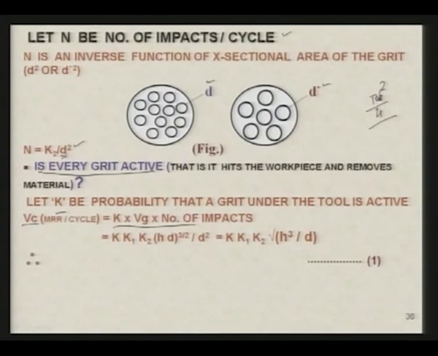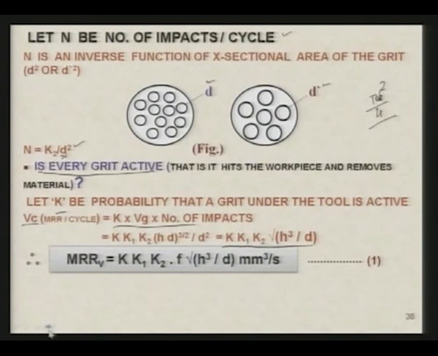So, k k1 k2 under root h cube by d, this is what you get over here. Now, in this particular formula we see very clearly k k1 k2 can be evaluated from the experimental results. F is the frequency that is known to us well in advance, diameter d of the abrasive particle or grit size we know already from the mesh size.